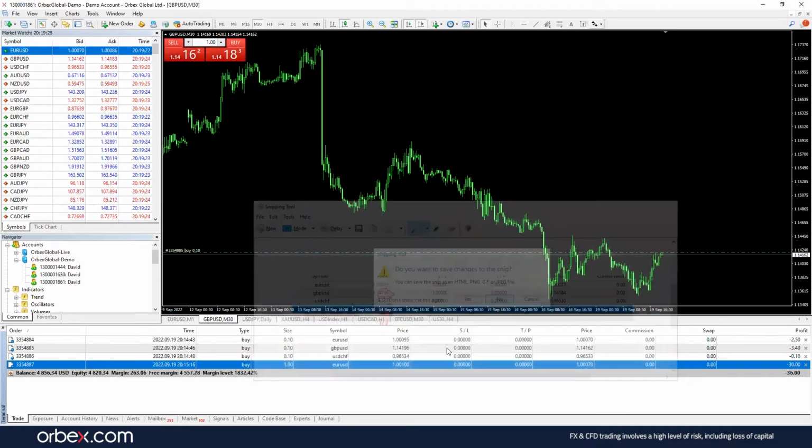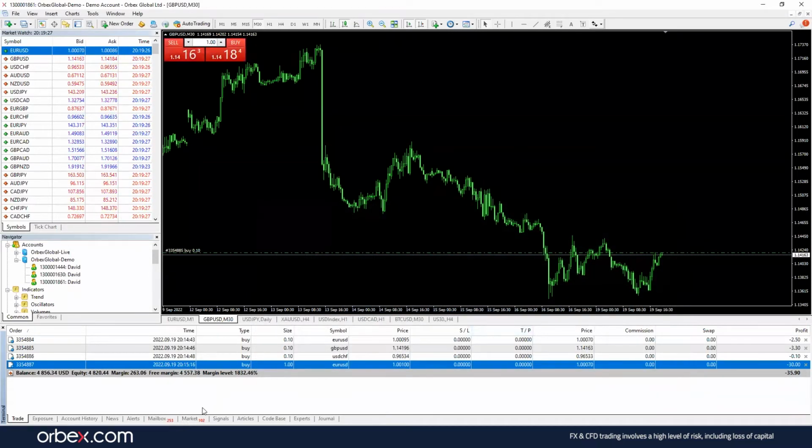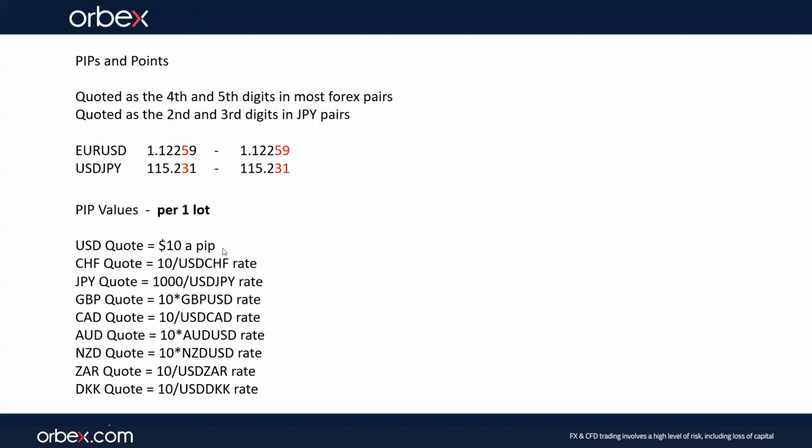So because of this, it gets a little bit clouded now with the particular calculations. So let's just see what we're doing here. So pip values per one lot. If the dollar is a quote currency like here, it's $10 a pip. So this is how we calculate the profit and loss. So let's go back to our live example.